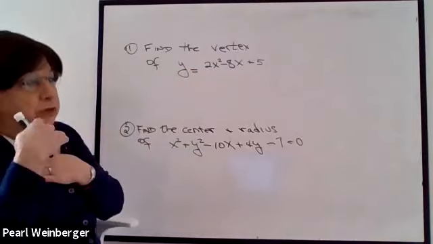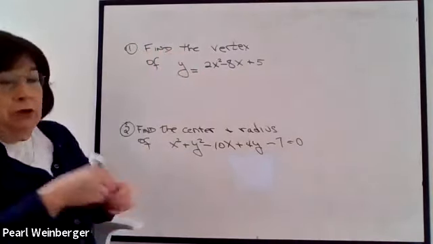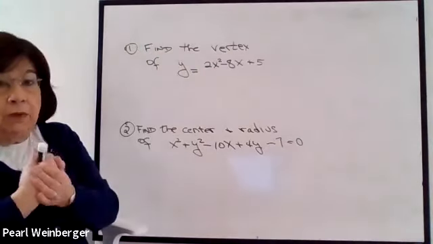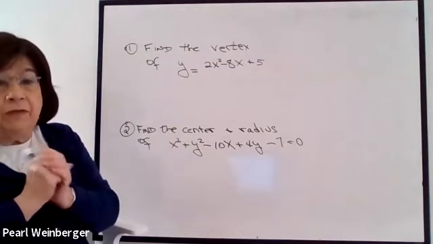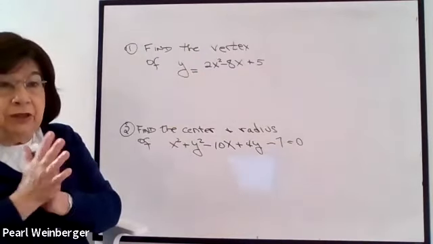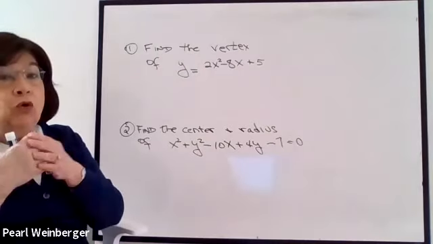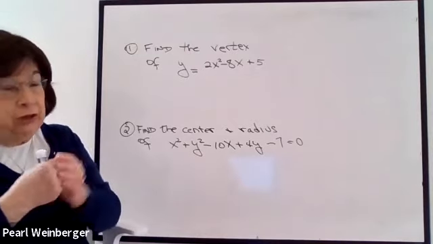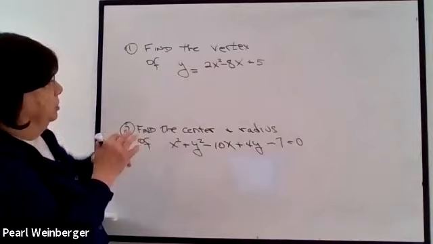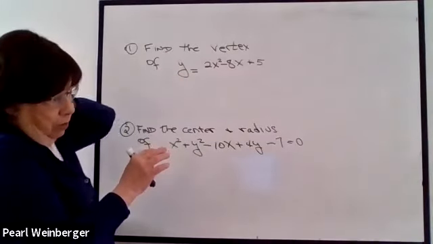Now, just as a reminder, we are now talking about what are called the conic sections, and the conic sections are the graphs of quadratic equations. They're the graphs that we get when we either have an x squared or a y squared or both in the equation. And the first type of conic section that we looked at was something called a parabola.